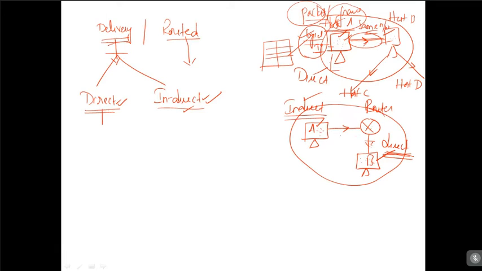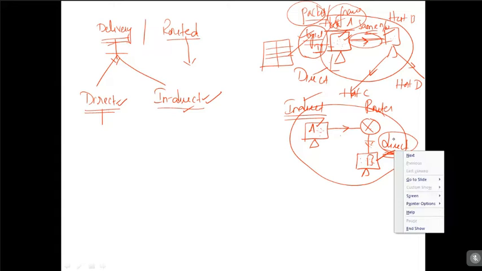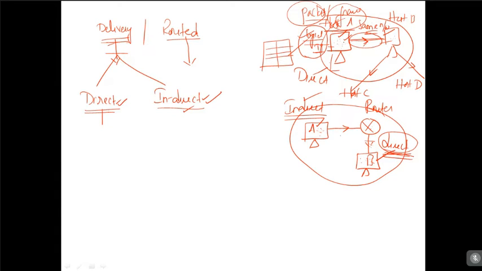In the indirect delivery process itself, there is a possibility of direct delivery also. Direct delivery is nothing but when two devices are connected on the same network. So here the router and the host are connected, but both are not hosts. Even though they are not hosts, we are not saying that this is indirect. We are going to say that it is direct.